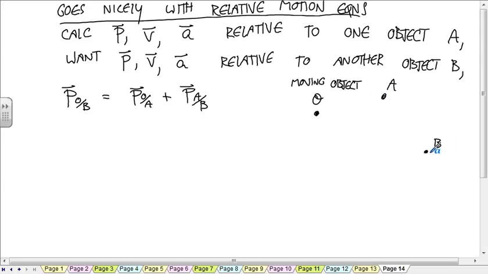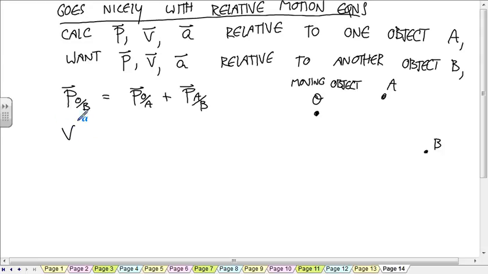And you also are measuring the position, velocity, and acceleration of this other place, B, relative to where you are with your video camera. Then you can use this calculation to figure out what position, velocity, and acceleration someone standing at B would measure.